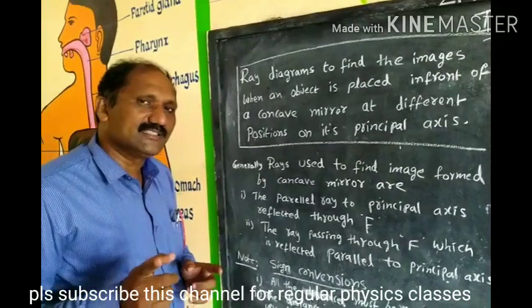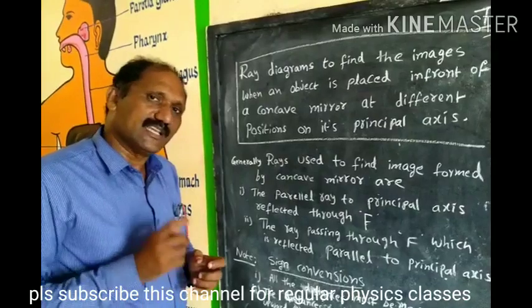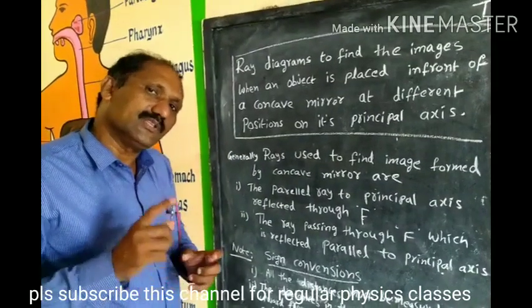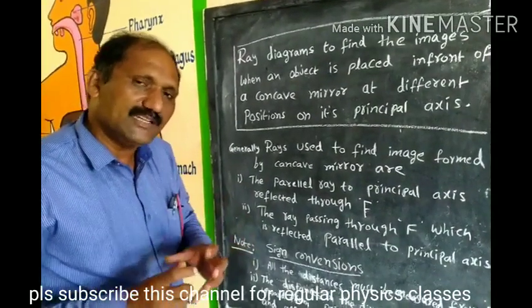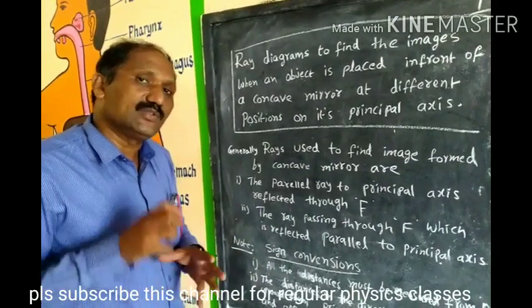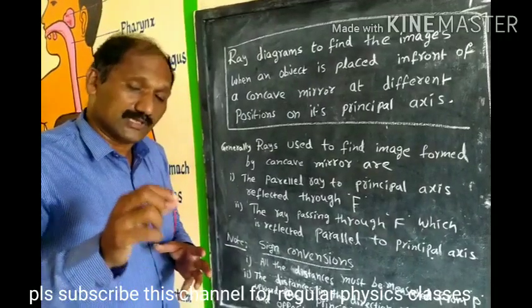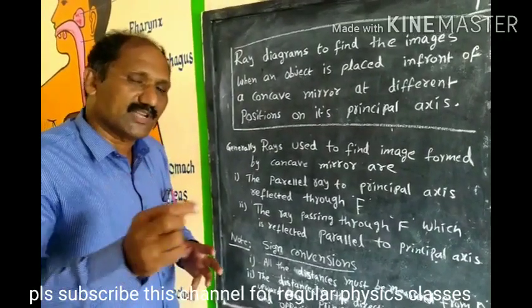First one is the ray parallel to the principal axis. Second one is the ray through the focal point or focus. Third one is the ray through the center of curvature C.